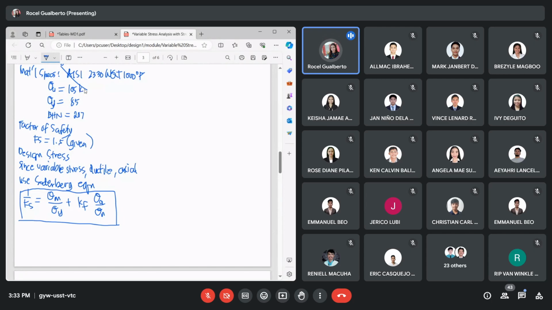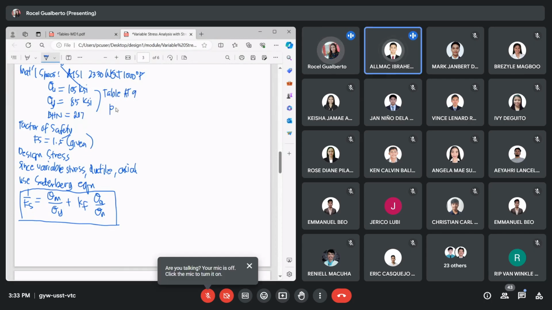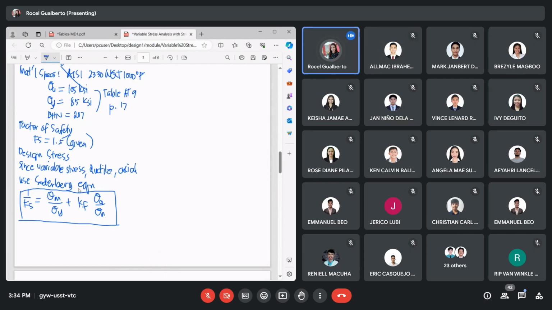Okay, this is KSI. This is KSI. Okay, this is taken from table 89, page 17. Okay, thank you. Okay, so we have here the material specs and then isa-isahin natin ngayon ito.